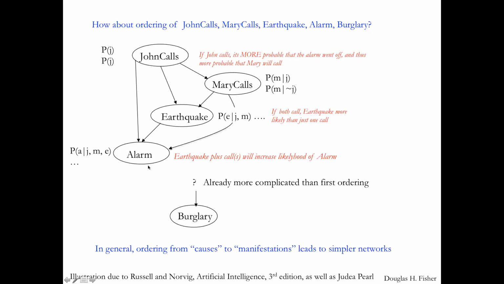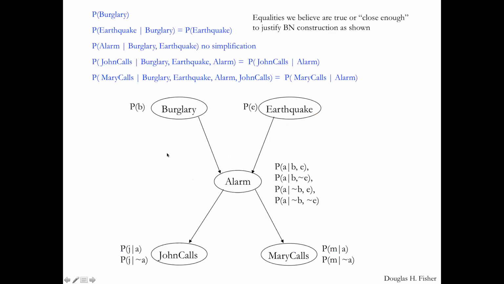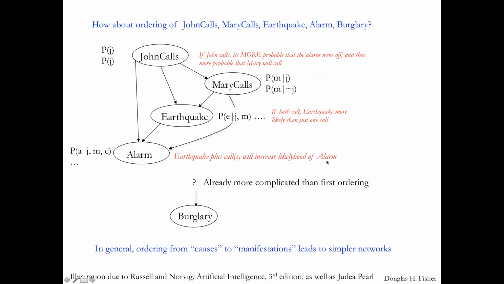So we would have 8 probabilities here, from which we can compute another 8 for the probability of not alarm given those patterns, that we would have to store, which would be considerably more than in the table for alarm in the earlier example, in which we simply had to store 4 instead of 8.